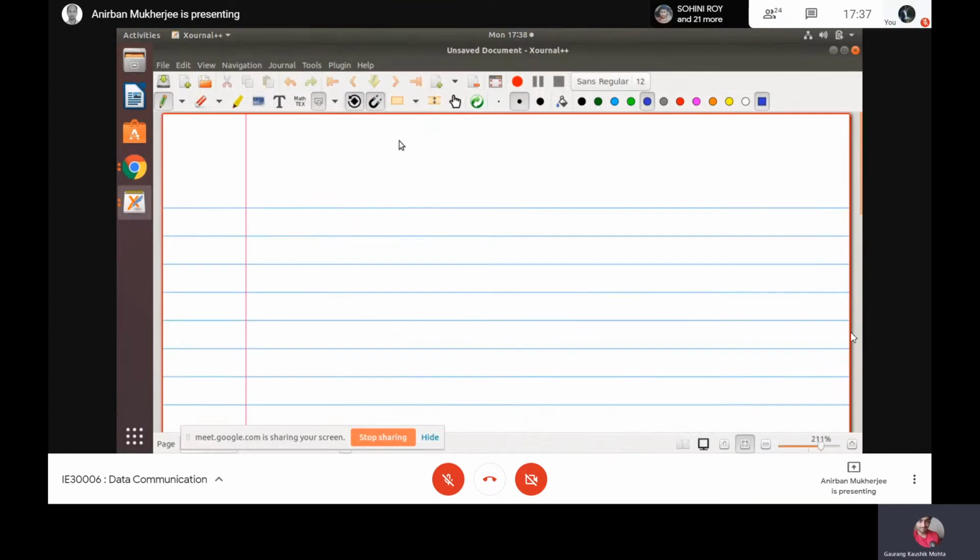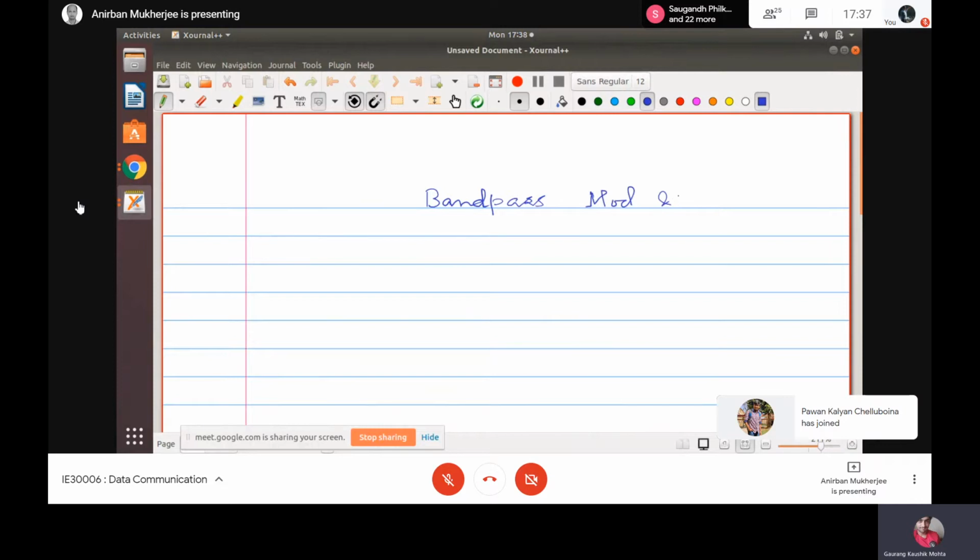We'll talk about band pass modulation and demodulation. That is from Barnard's law. Band pass modulation and demodulation.